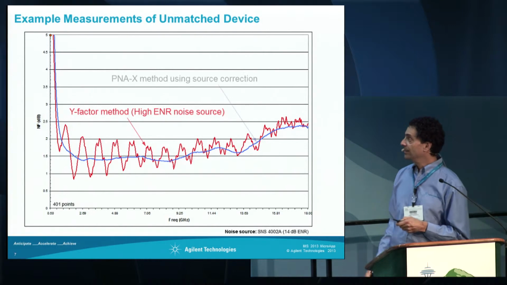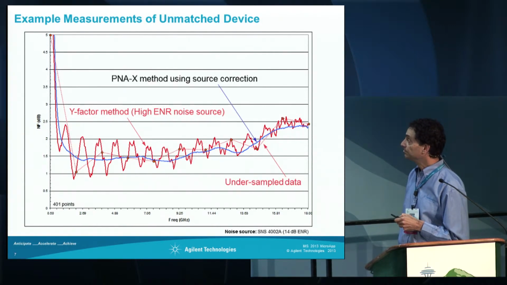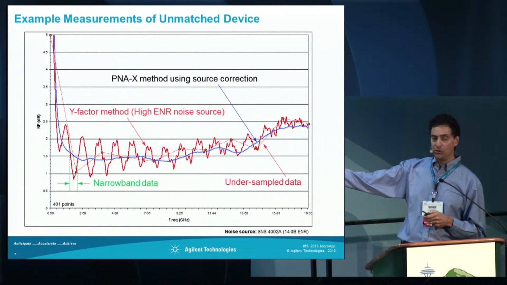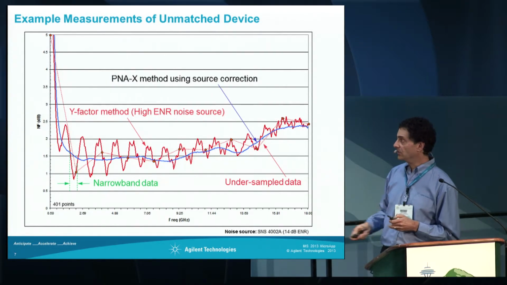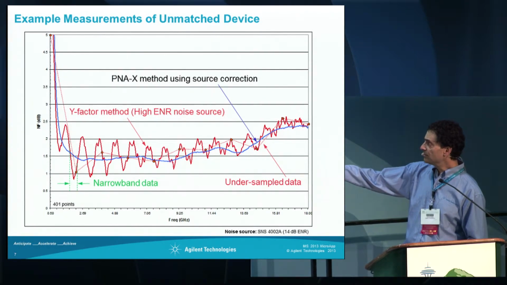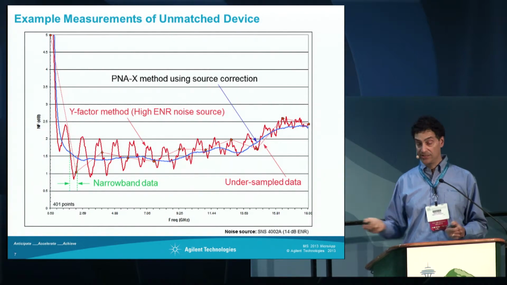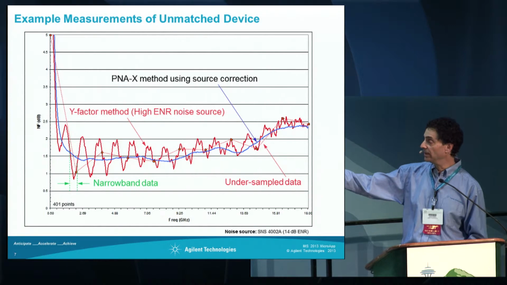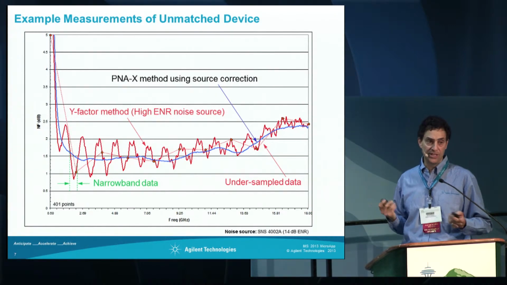Okay, so that's showing the Y-factor, and there's the PNA-X method. The problem with the Y-factor is you often don't realize how much underlying measurement uncertainty is there, because either you've undersampled the data, you don't see the ripple because you haven't taken enough points. This was a 401 point measurement. Or you're acquiring data over a narrow band and you don't see the ripple.